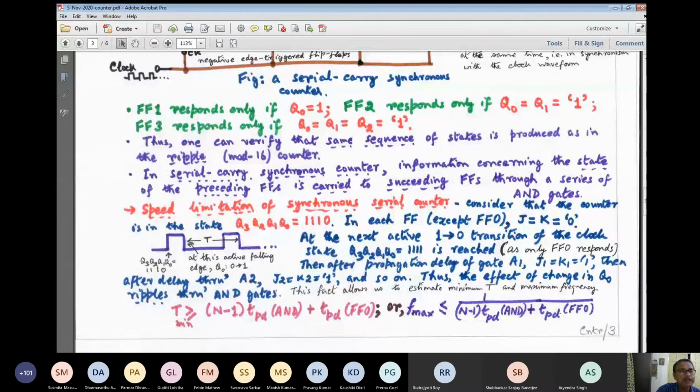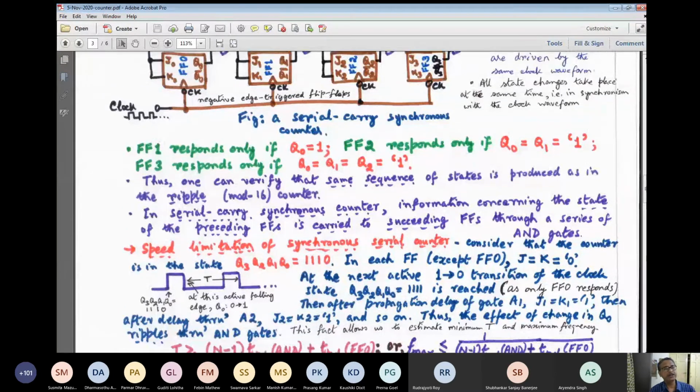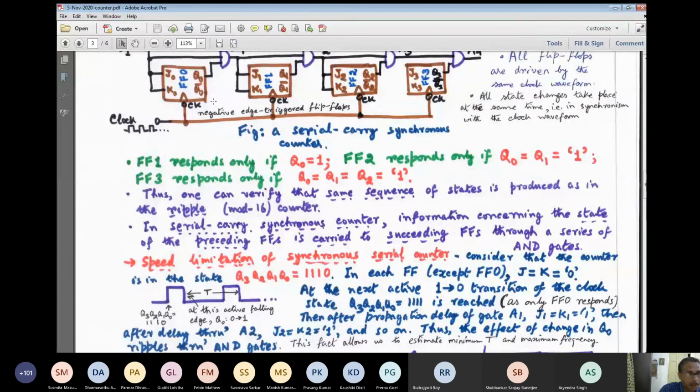It's because, in the worst case, when we are trying to estimate the minimum time period or correspondingly the maximum clock frequency, we need to take into account the situation when all the flip-flops are required to change. And that can happen, say, going from all 1 to all 0, which you can blindly take for any n-bit counter design. That will give you scope to estimate the clock frequency in the proper manner.